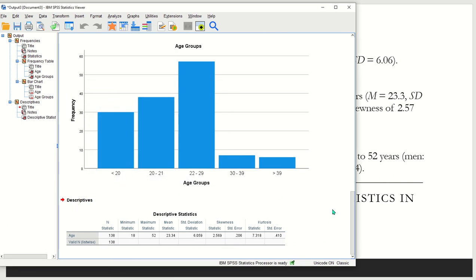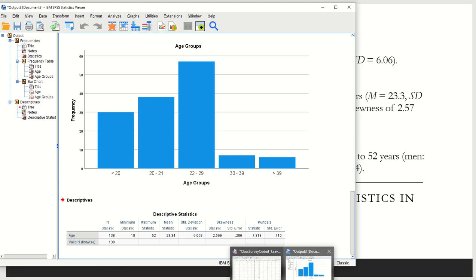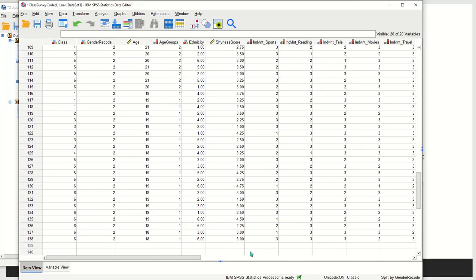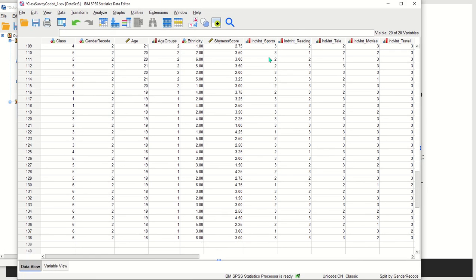All right, let's see here. And if I go to where the data is, always be aware when you have split a file, because all the statistics I now run from here, no matter what it is, it's going to split it by gender. And SPSS tells you here in the corner that right now my data set is split by gender.